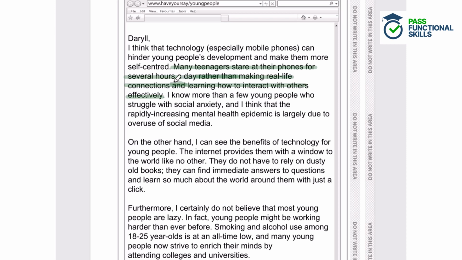We've got the word and there. And this shows the examiner that you're going to add on another idea to the sentence. So they're not making these real life connections and they're not learning how to interact with others effectively. So try to use some connective phrases and connective words to join your ideas together. And you can also use commas for this.